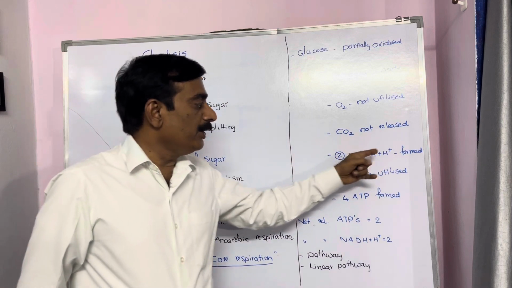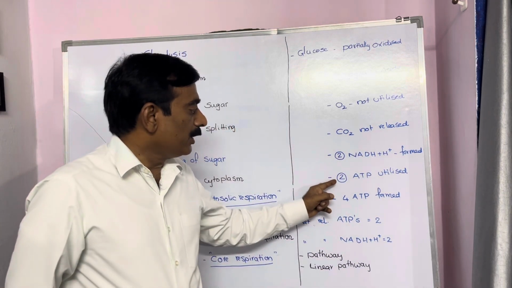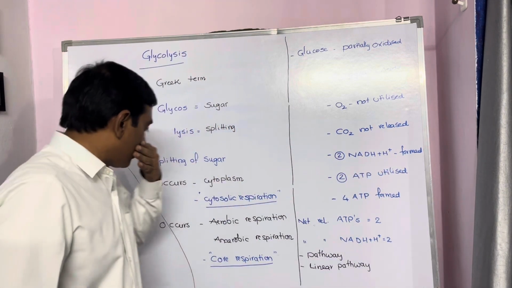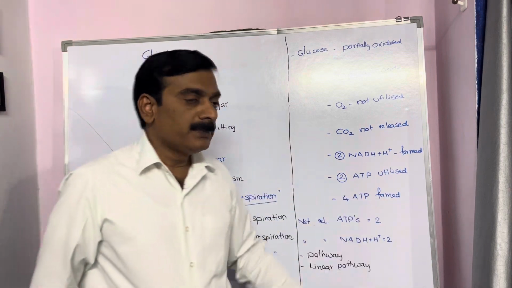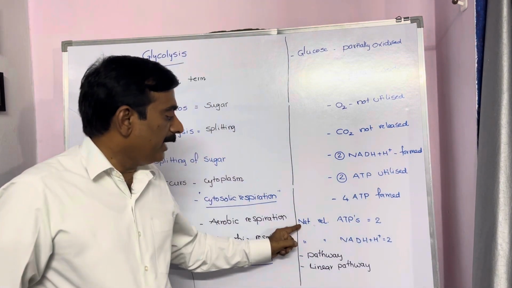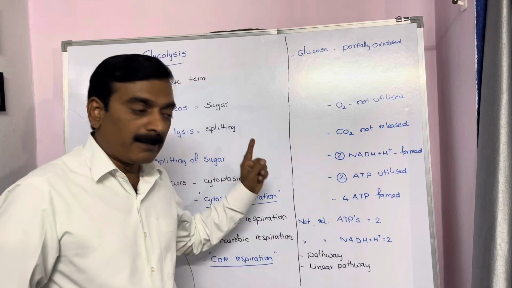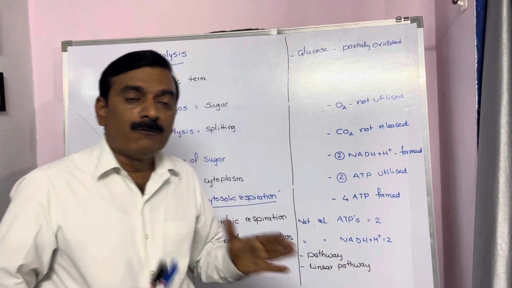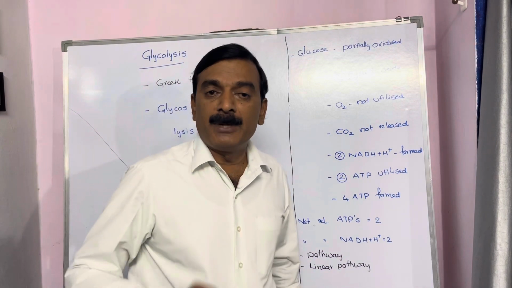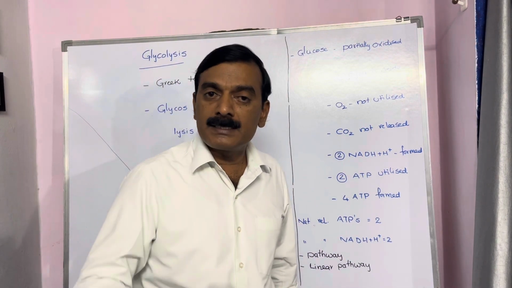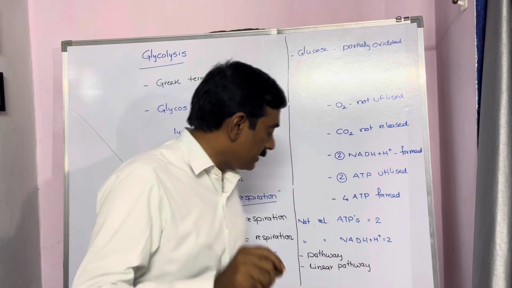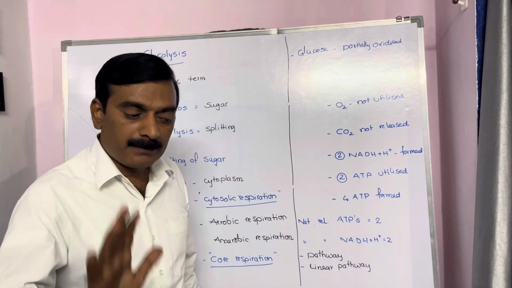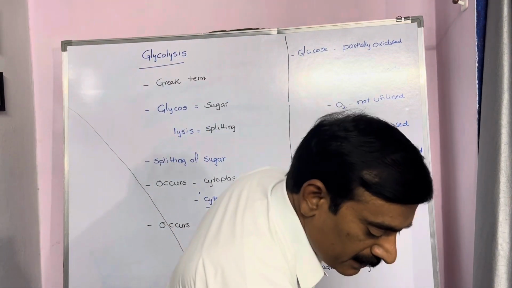Two NADH plus H plus are formed. Two ATPs are utilized and four ATPs are formed. Net ATPs is 2 and net NADH plus H plus is 2. Ten biochemical reactions are required, so it is a linear pathway.